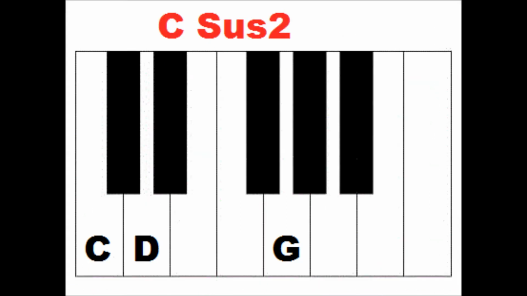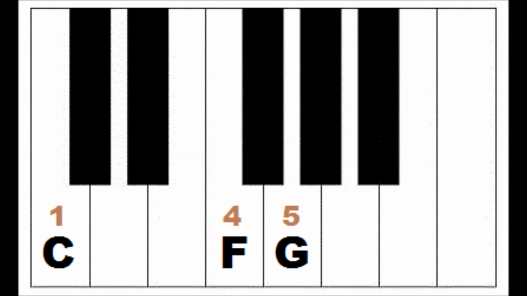Sus2 chords are less common, but they are beautiful chords. You should certainly know them, as they will make you sound so much better. While Sus4 chords make use of notes 1, 4, and 5 of the major scale, Sus2 chords make use of notes 1, 2, and 5.